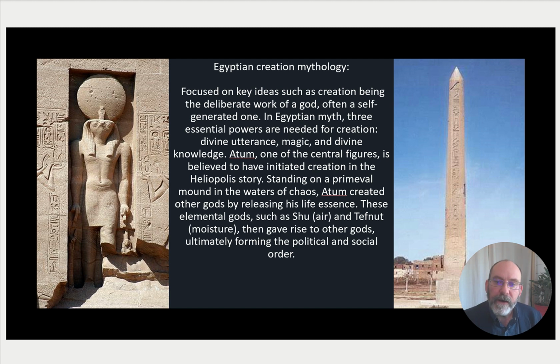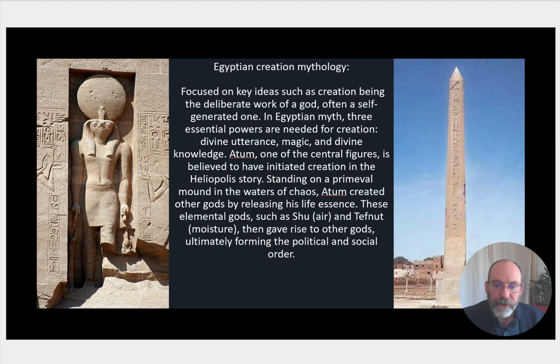Atum, one of the central figures, is believed to have initiated creation in the Heliopolis story, and he stands on a primeval mound in the waters of chaos. So there's always this idea of chaos, and the god, through creation, putting an end to the chaos, bringing about order. So we're always trying to go from chaos to order.